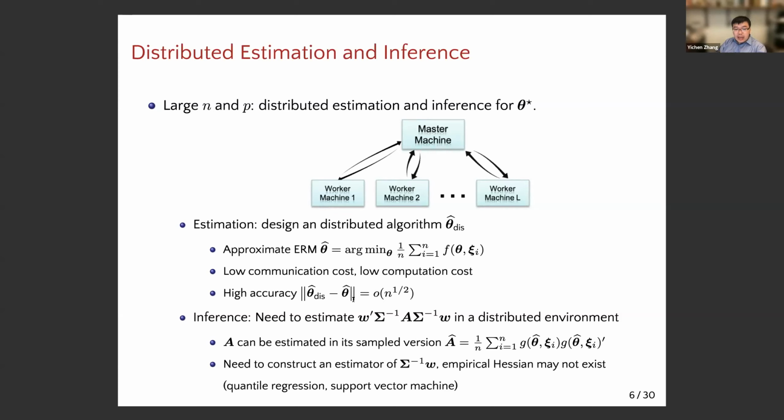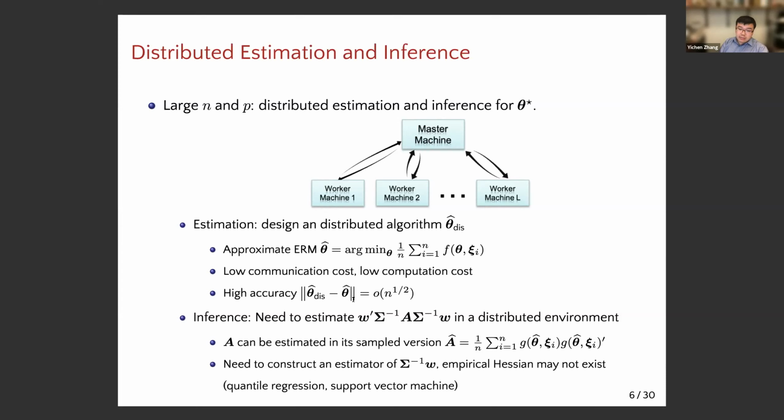The second thing is that we need to construct an estimator of sigma inverse W, but as we discussed on the first page of the talk today, we are also considering some non-smooth loss functions which may not have an empirical Hessian. For example, quantile regression and support vector machines, in particular the linear support vector machine, both have a population Hessian matrix, but they don't have an empirical Hessian matrix.